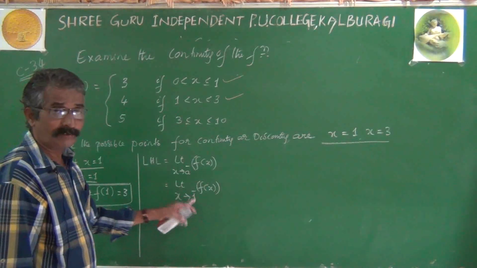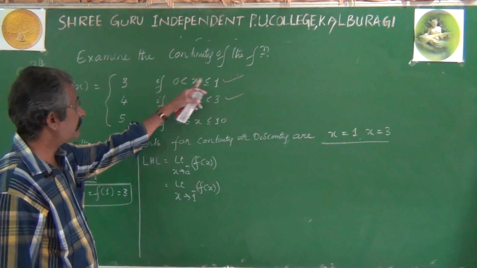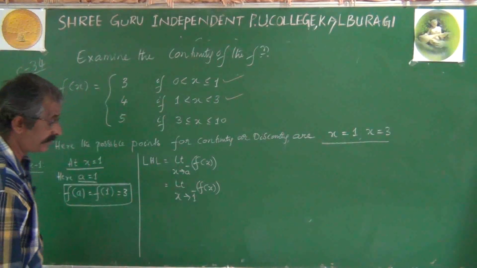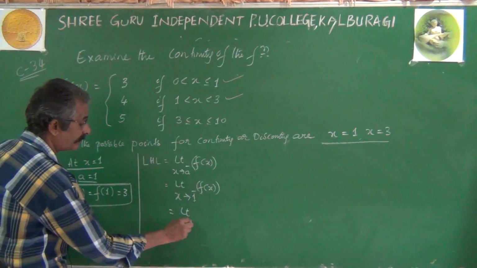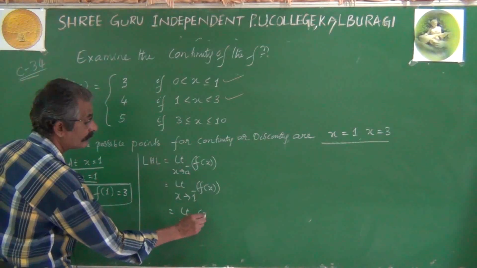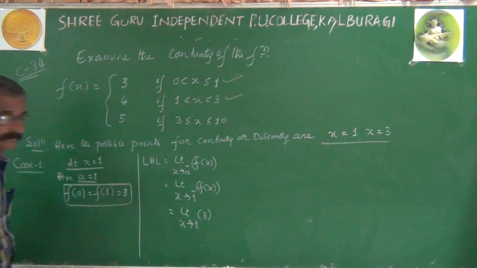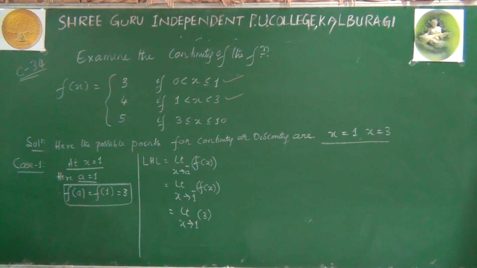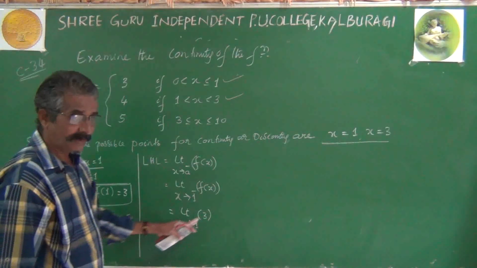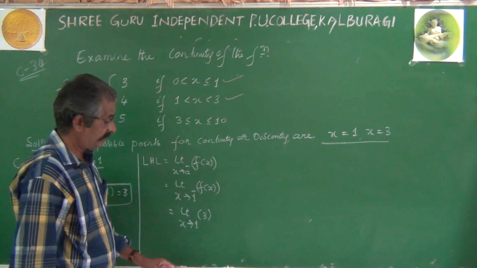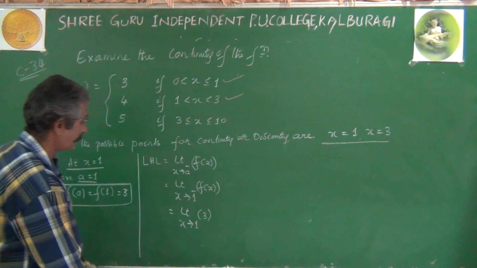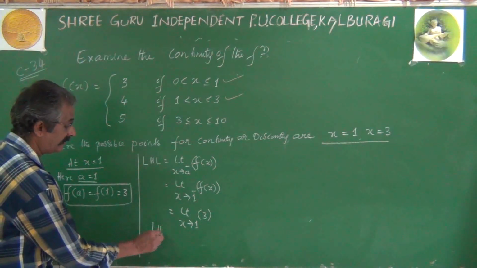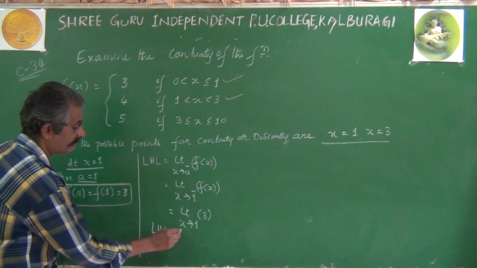What is the meaning of 1 minus? Less than 1. When x is less than 1, the function is 3. So limit x tending to 1 of 3. You can't replace 3 by 1, that's meaningless. So the limit of a constant will be the constant, so LHL equal to 3. Therefore, left hand limit equals 3.